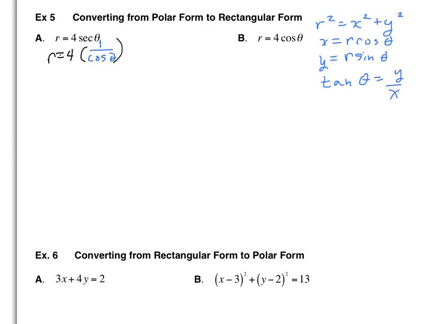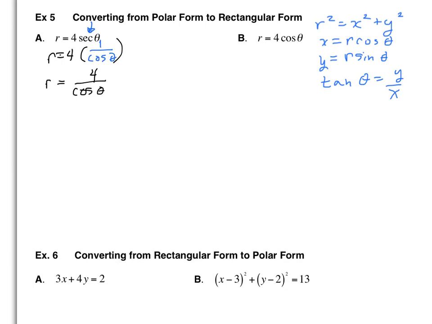So all we did was replace secant of theta with 1 over cosine of theta. So that leaves me with r equals 4 over the cosine of theta.